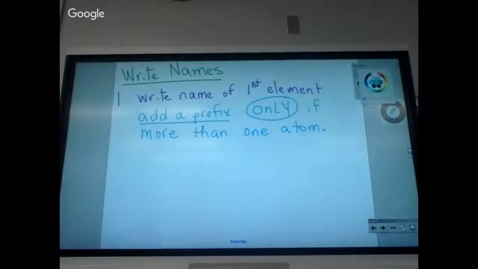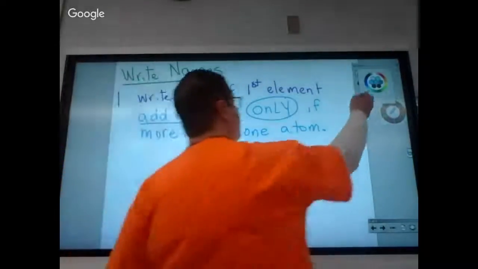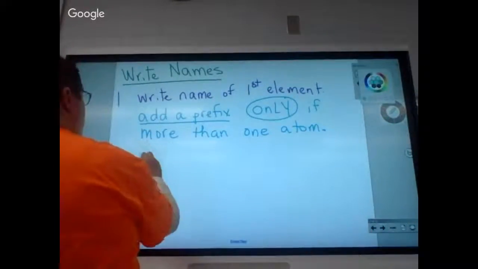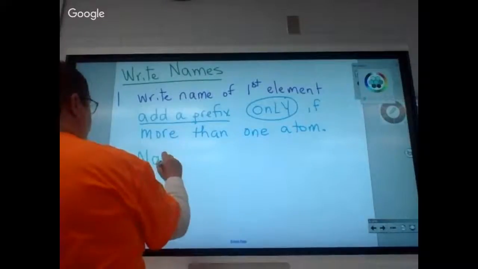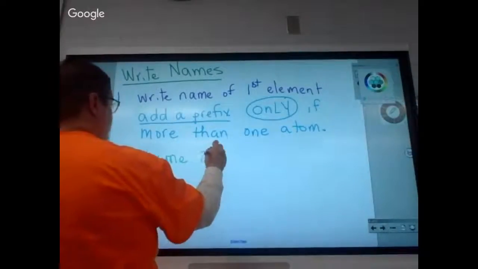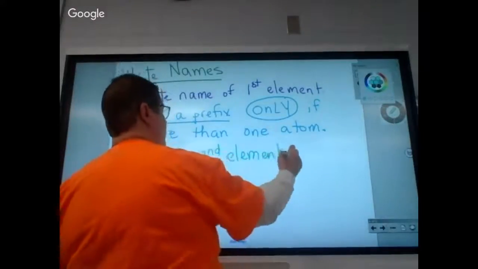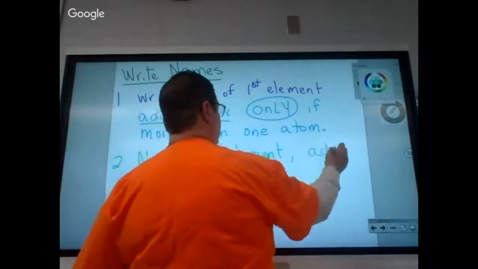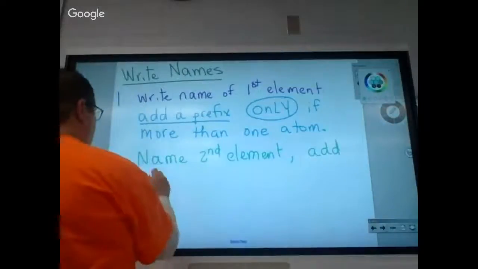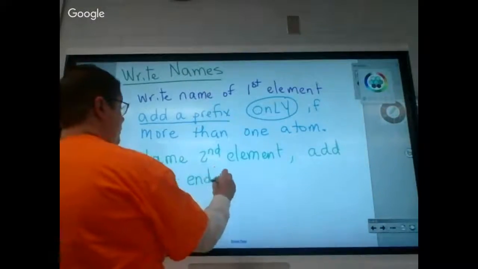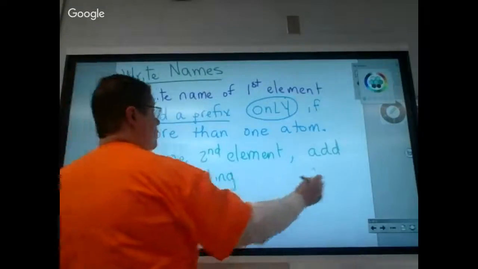Now, step 2. Name the second element. Add an IDE ending, because all of these will be binary.